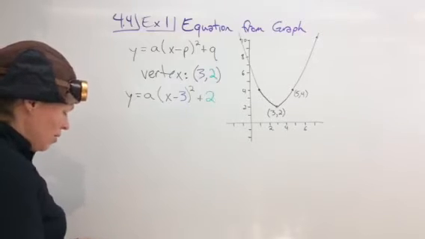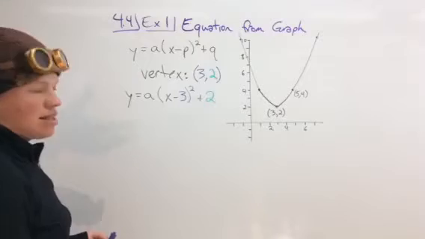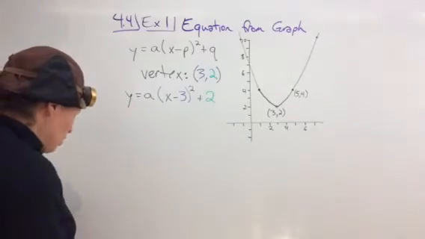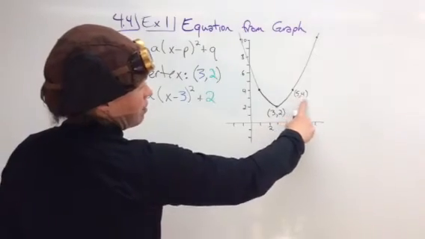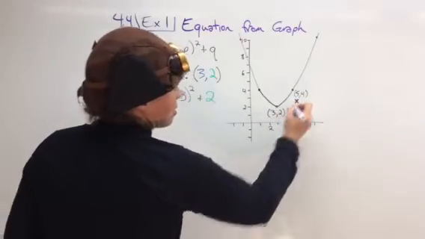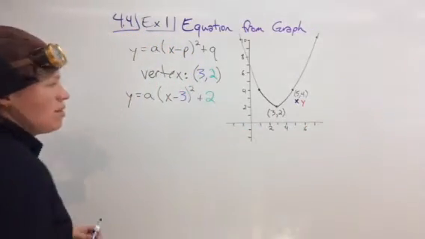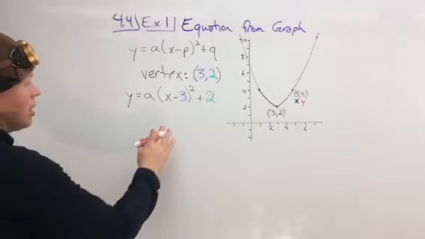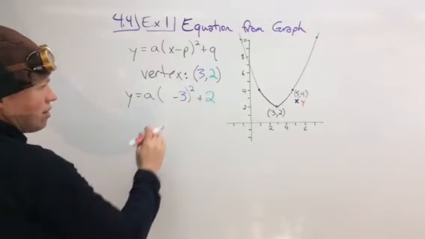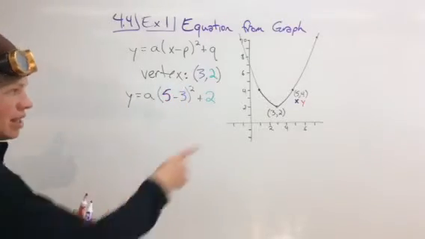We find A by remembering that any other point on the line is x and y. So, if I look at this point, it's 5 and 4. Well, that's my x and that's my y. So that means if I go back over to this formula, I can take this x out of here and put in 5 because that's my x.